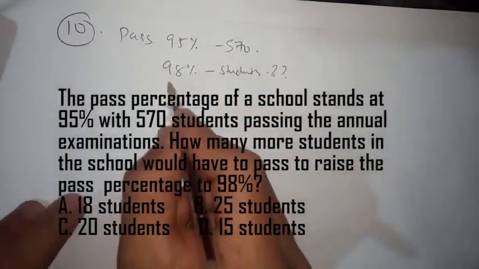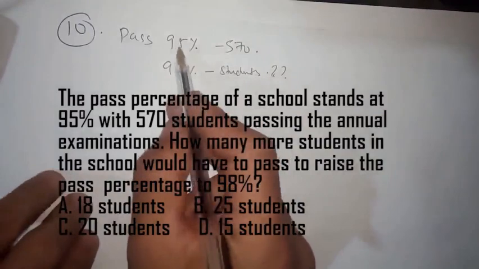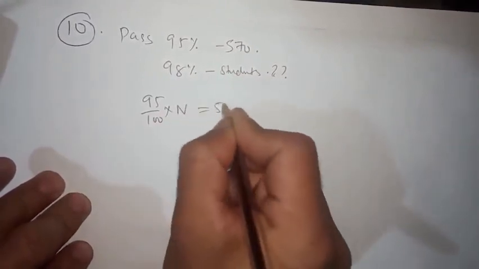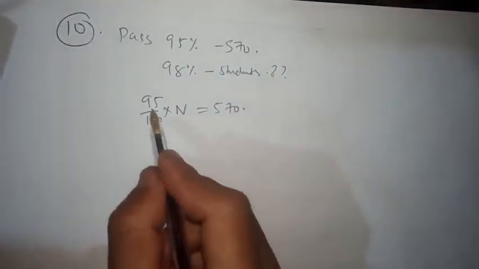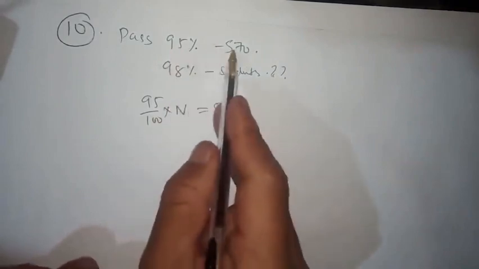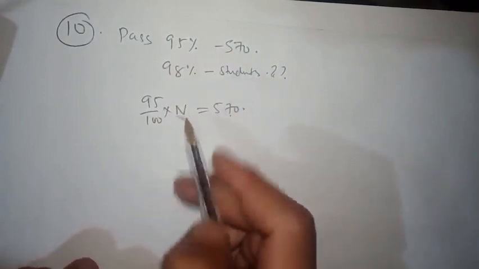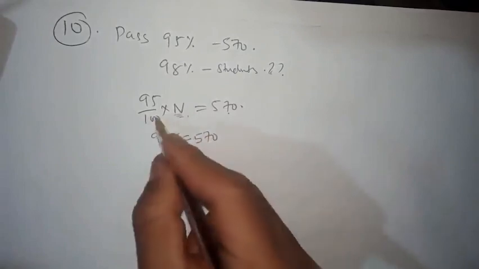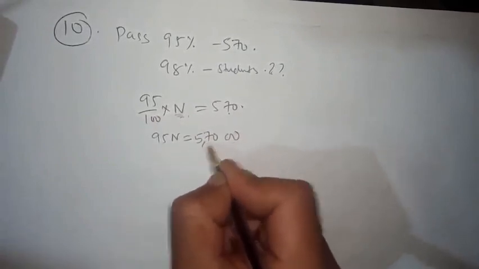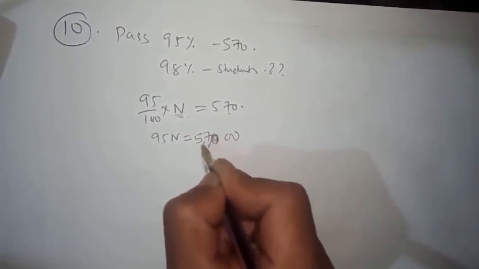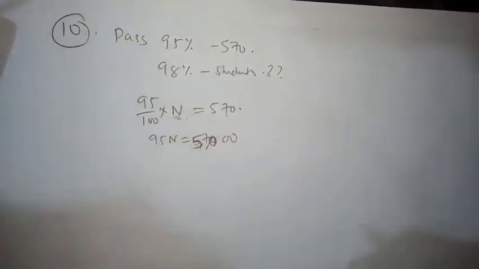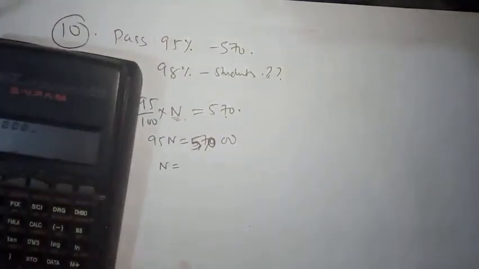So the pass percentage is 95% of 570, that is 95% of n is equal to 570, where n is the total number of students. So 95n over 100 is equal to 570, so n is equal to 57,000 divided by 95.